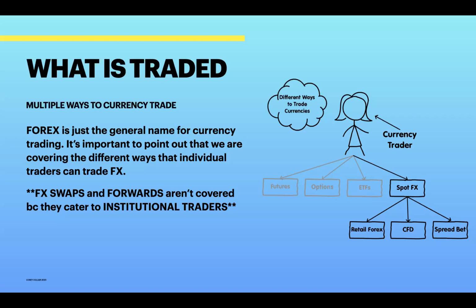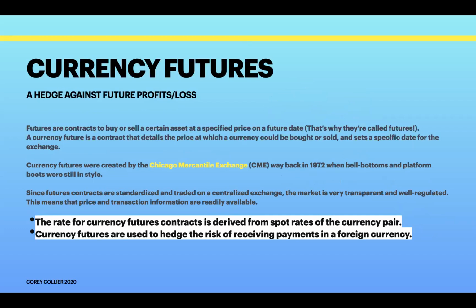There's still futures, options, ETFs, CFDs, and spread bets, stuff like that, right? Those are just different ways to trade a currency. What I'm not going to go over, guys, is FX swaps and forwards, because those cater to institutional traders. That's something we can probably get into in a deeper study, but nothing like that tonight, all right?